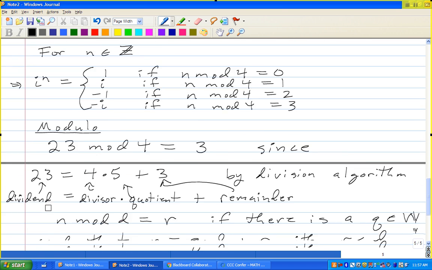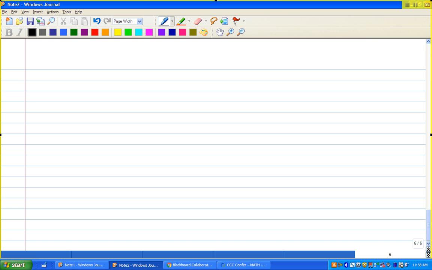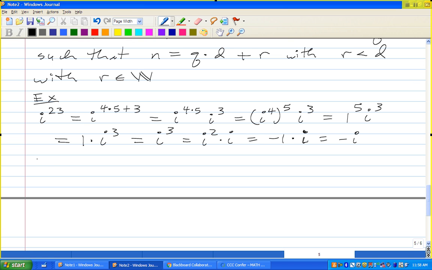Okay. Then all I have to do is remember what i cubed is. So all I have to do is remember, well, what's either 0, 1, 2, and 3. So for 3, it's negative i. Or you can say, well, it's i squared times i, which is negative 1 times i, negative i. So what you should take from this is the following.